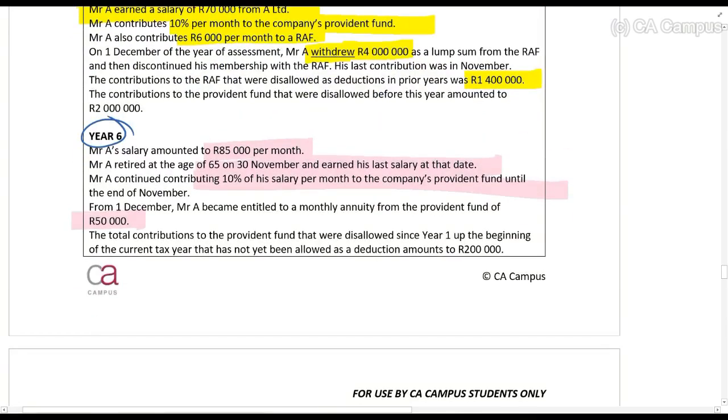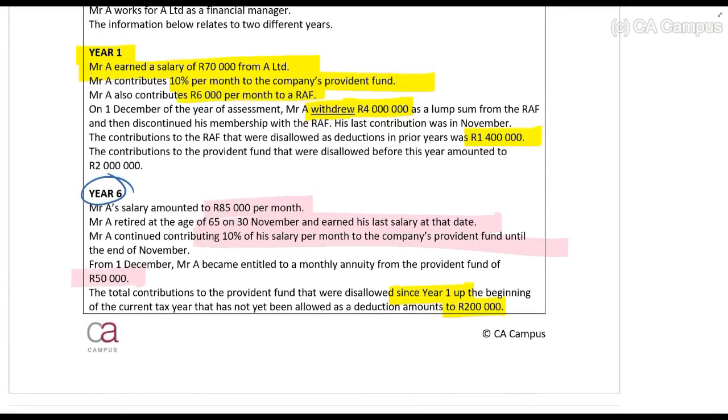Then the total contributions to the Provident Fund that were disallowed since year 1 up to the beginning of the current year is 200,000 rands. Now guys, what this is trying to show you is the following. In year 1, we said the contributions that were disallowed were 2 million rands. Now we're saying it's 200,000.